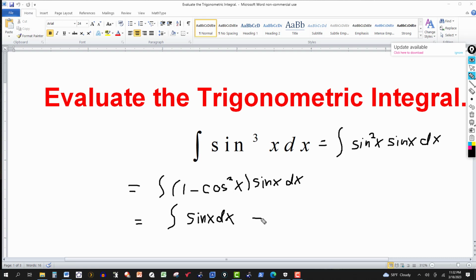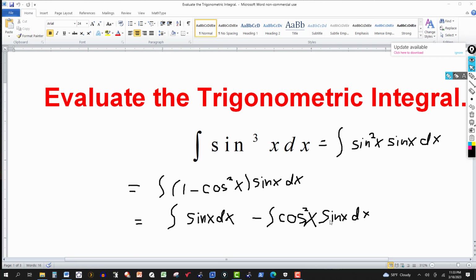So this will be minus the integral of cosine squared x times sine of x dx.